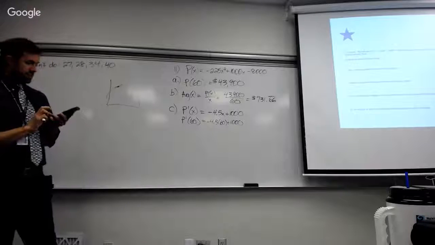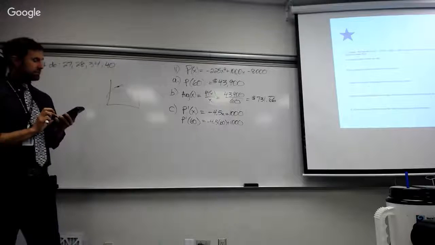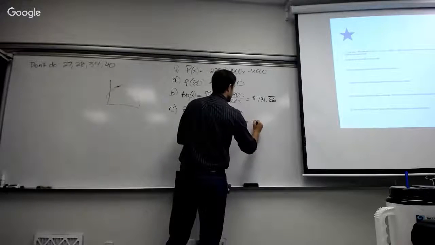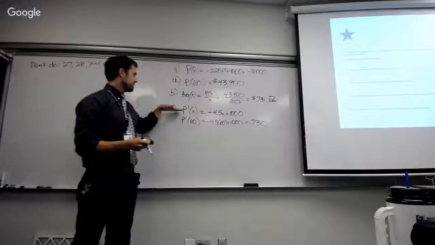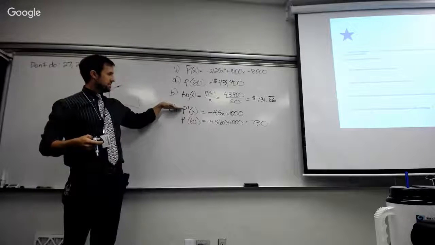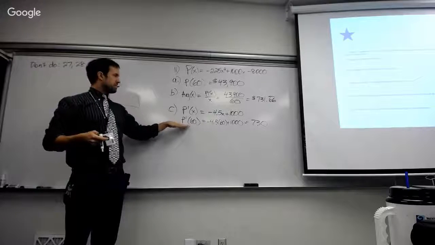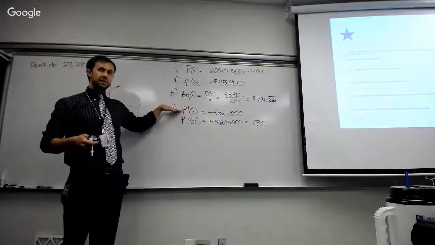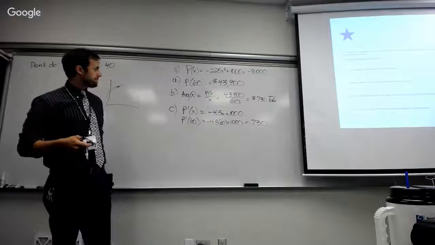Now, again, when you're doing calculations like this, I naturally assume you're going to use your calculator. So the important thing would be to show me how you calculated the derivative. You know, show me a derivative formula. But then if you were just to write down P prime of 60 equals 730, that would be okay too. So long as you show me the actual derivative formula first.